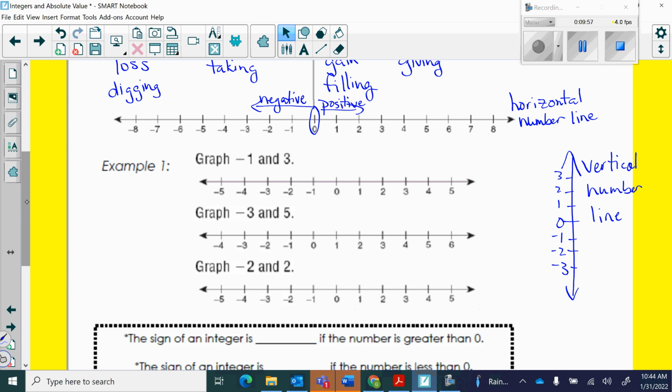Any questions on anything we covered so far? Okay. Next, we're talking about graphing numbers. Now, this sounds really basic, but it's amazing the number of kids who do this wrong. So we want to make sure everybody understands what the expectation is.